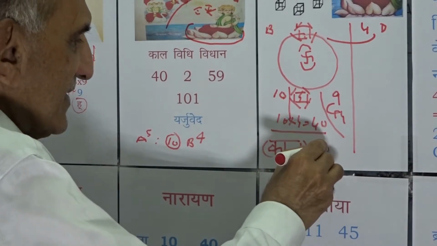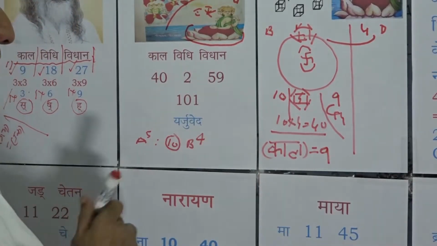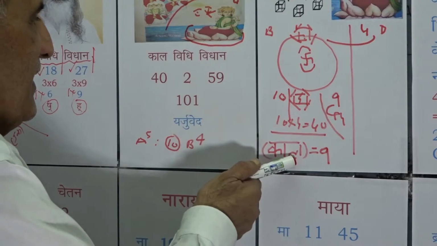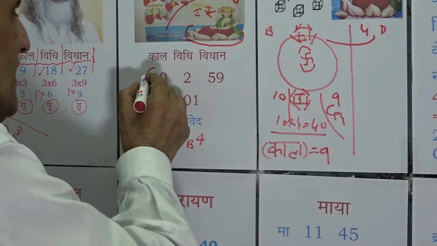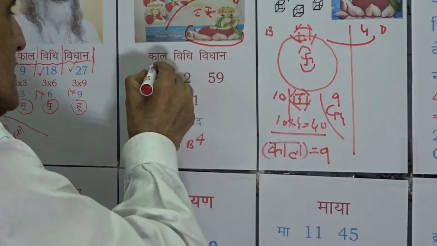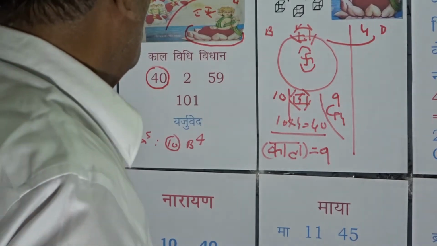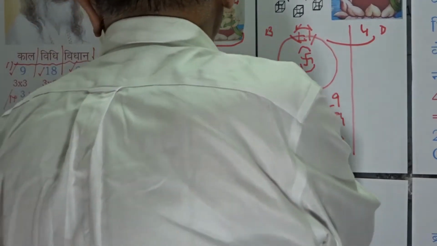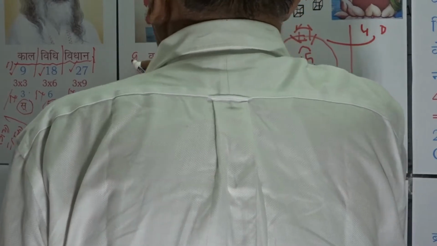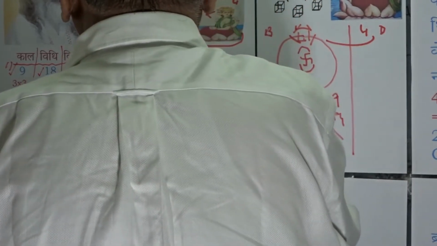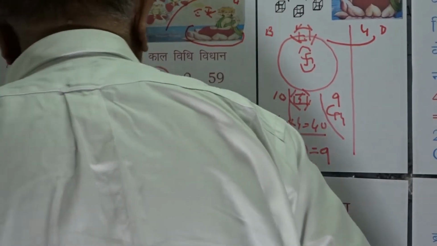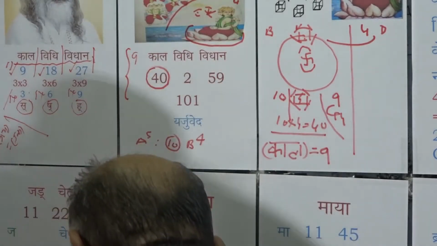However, the transcendence here will lead us to value 40. It is this reach for the formulation kal from value 9 to value 40 which deserves to be comprehended well.